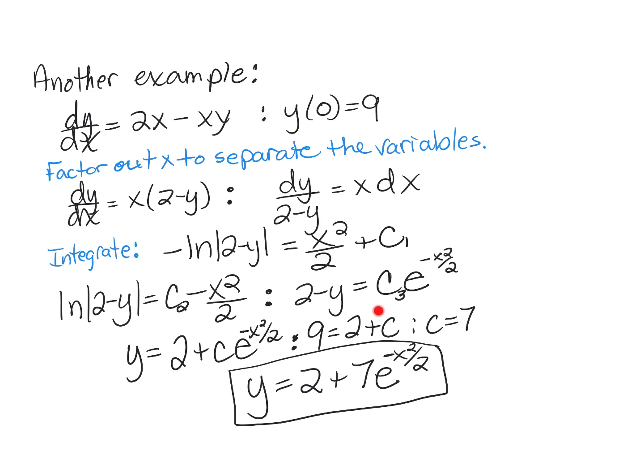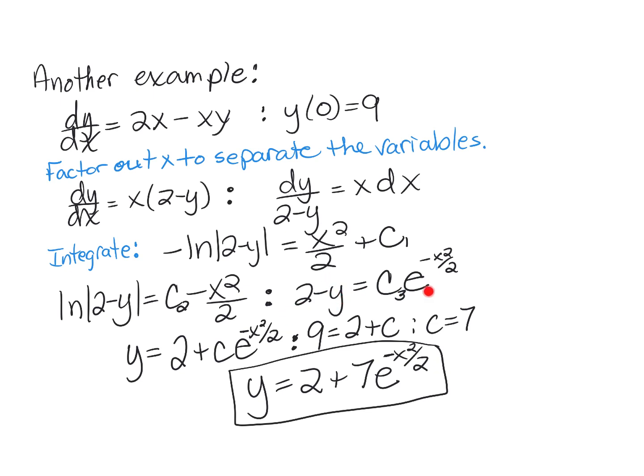So we have e to the constant c2, we'll just call c3. Now to isolate that y, I'm going to have to subtract a 2 from both sides and then multiply both sides by a negative.